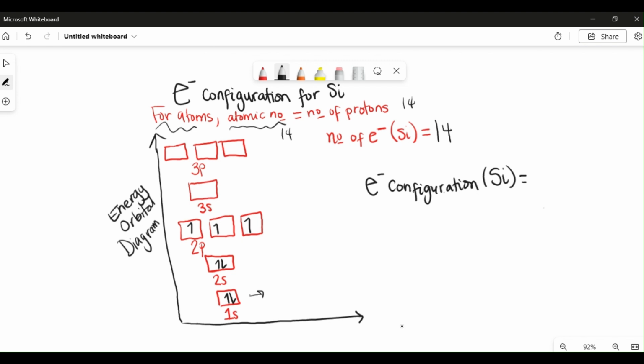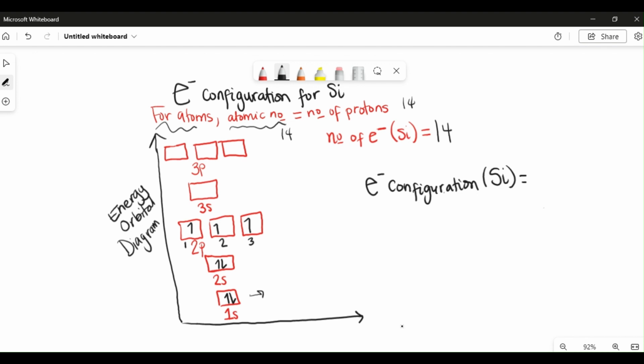Now, one thing you need to know before I fill up is that anytime you're given an orbital diagram, always fill up each orbital if you have more than one orbital. So for the p orbital, there are three mini orbitals. You've got the first one, the second one, and the third one.